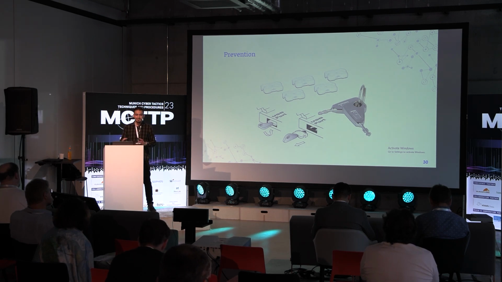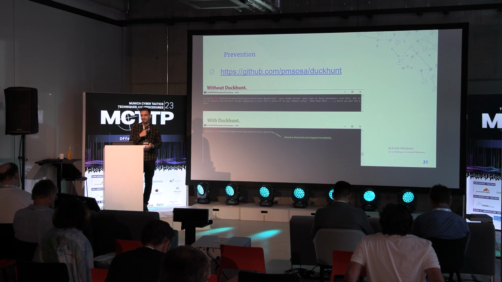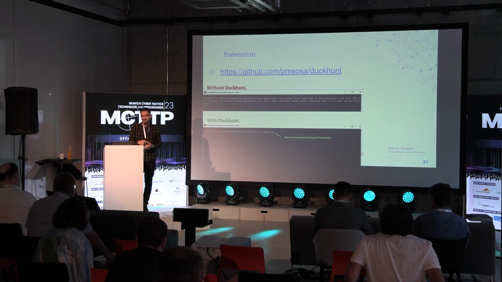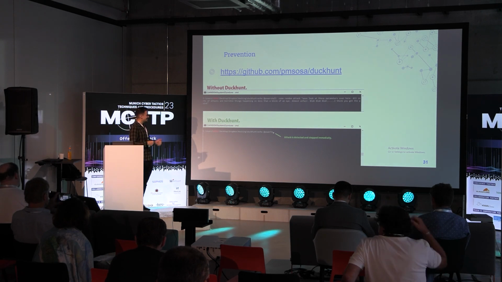Basically, besides that, there is a very nice tool that we can use, and we'll take a look at it. It's basically DuckHunt. Have you heard of this one before? No? Okay, perfect. So what is this DuckHunt?